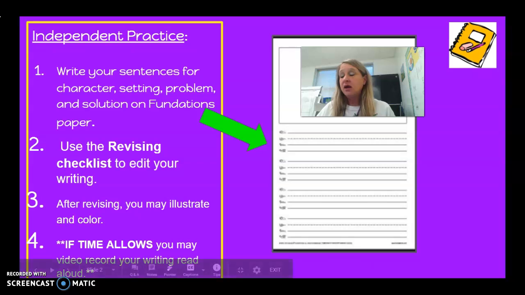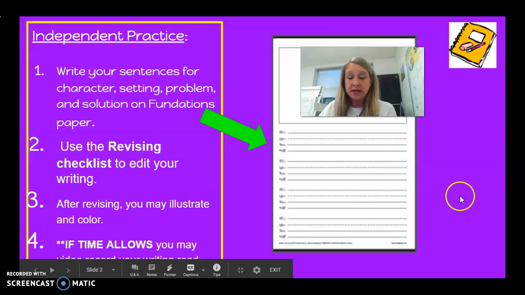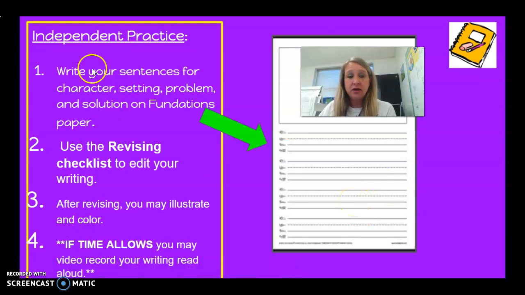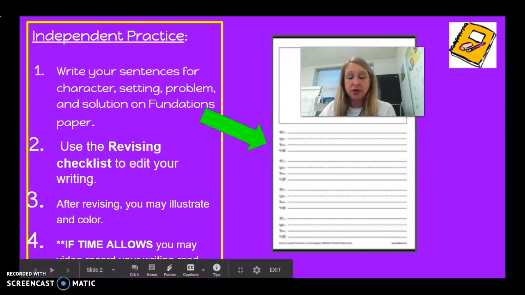So you're going to use your nature picture and your character that you chose from your nature picture, and your setting that you chose, and your problem and your solution. And you are going to start with your character.